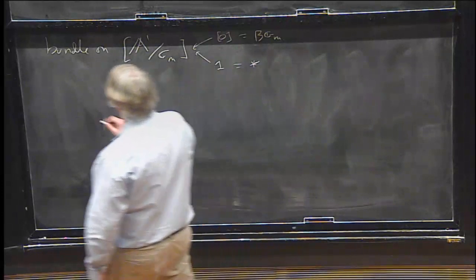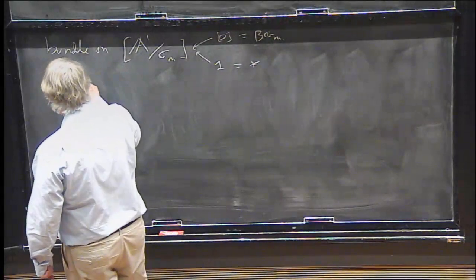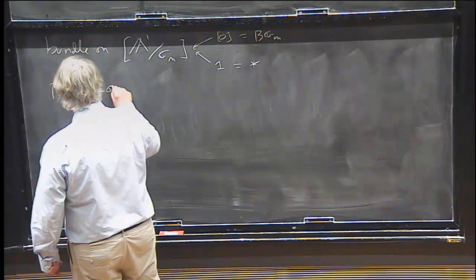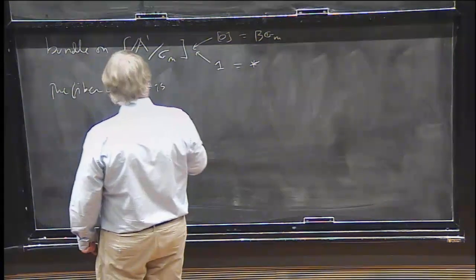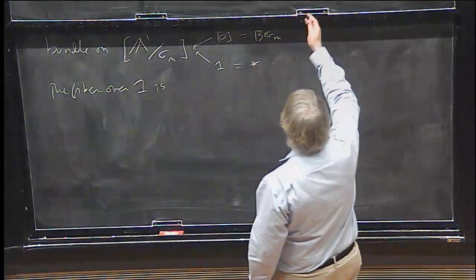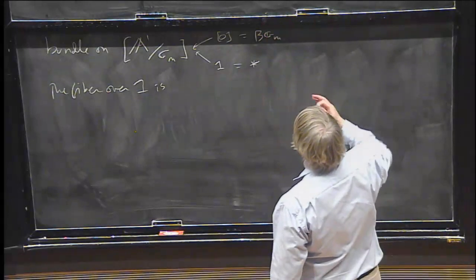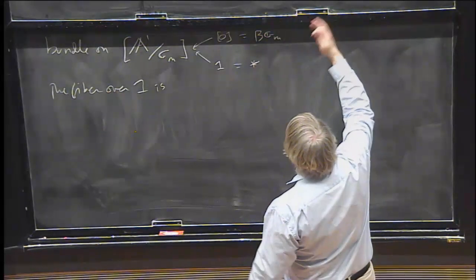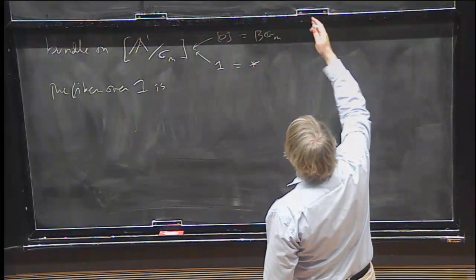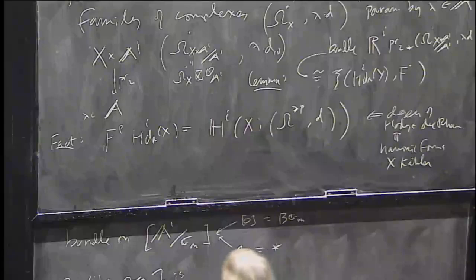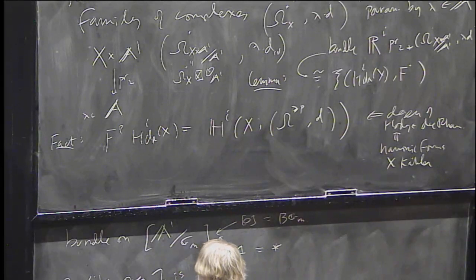And the fiber over 0, well, let's do the fiber over 1 first. This just means, plug in lambda equals 1 or lambda equals 0. This is just saying what I was saying before, that either lambda is different from 0, in which case it's equivalent to lambda equals 1. That's just the usual de Rham complex. So the fiber over 1 is just the usual de Rham cohomology.